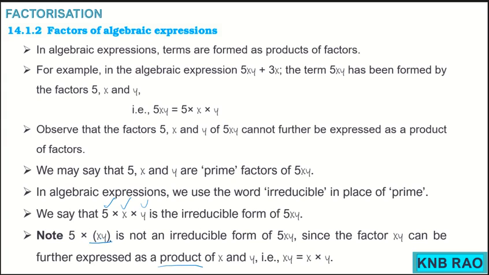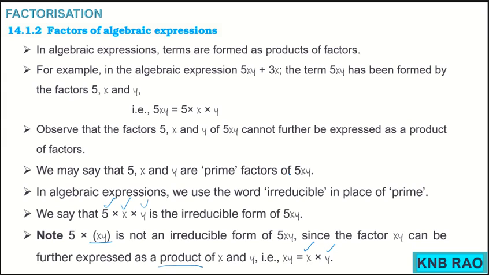So I cannot say xy is in irreducible form. xy is in the form of reducible, since it can be written as a product of x and y. You have to observe, when some term is said to be in irreducible form, whether the coefficient, that is the numerical factor, or the literal factors can be further reduced or not. That is an important observation which you need.